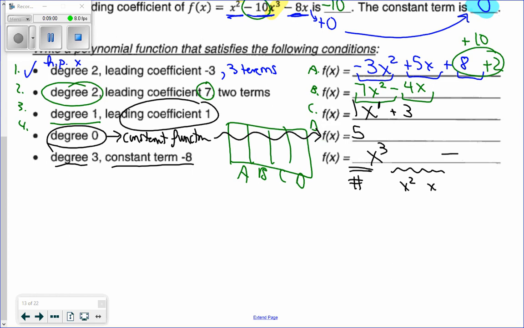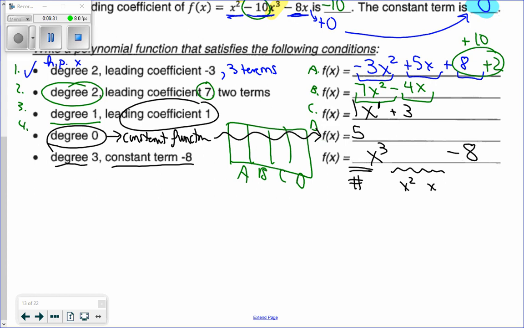But you have to finish off with a subtract 8, because that's the constant term on the end. So you could leave it as x cubed minus 8. That matches all the conditions. I can make it 5x cubed plus 7x squared plus 2x minus 8. That matches all the conditions too. You're allowed to have more than what it's saying, but you can't have less than what it's saying.